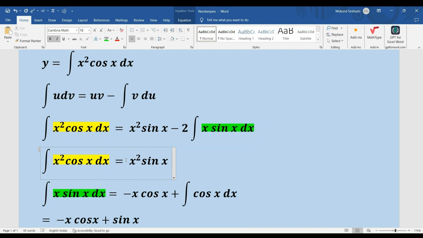And then I have minus of 2 times. Remember that this is where we can go wrong. Sometimes we tend to miss the number out here. And then we have minus 2 times minus x cos x plus sine x, right? And here I bring in my constant, which is plus c.